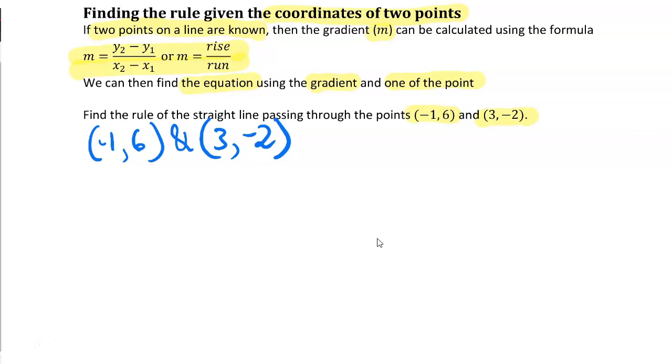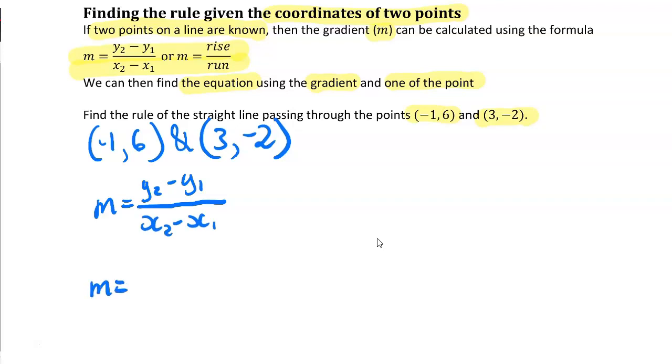Okay, so then I'm going to use that to figure out my gradient. So which is going to be point 1, which is going to be point 2. I always have point 1 as being the one with the lowest x value. So this will be point 1 and that will be point 2. So m equals y2 minus y1 over x2 minus x1.